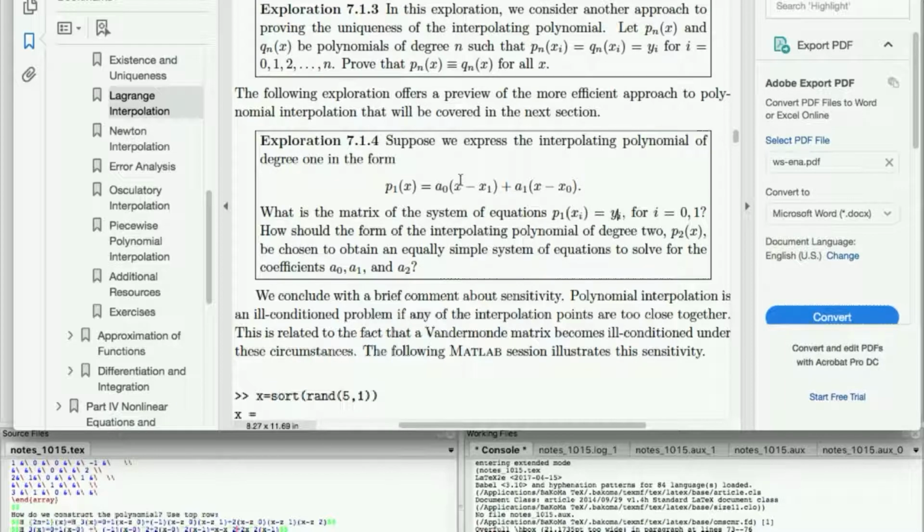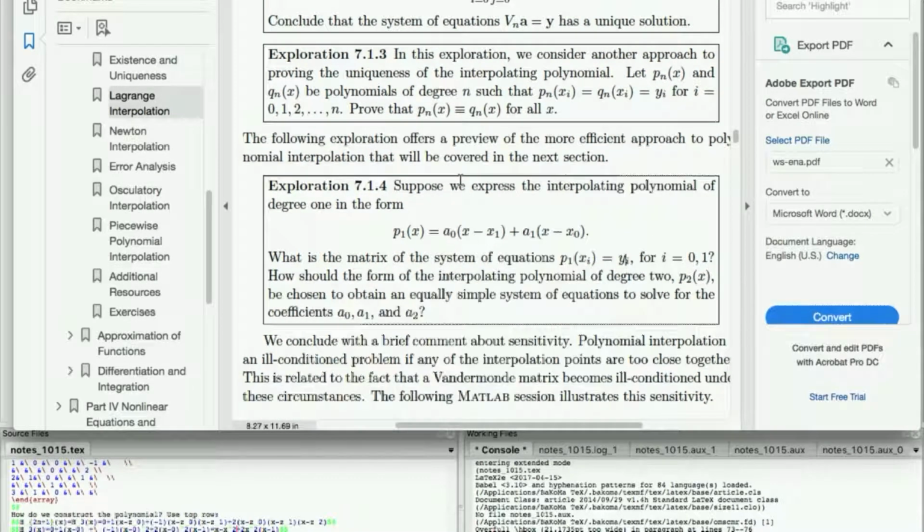Yes, which is actually the nice thing about this. Hold on, please. Let me answer this question. That's the nice thing about that system: each equation has only one unknown in it, so you can solve them independently of each other.